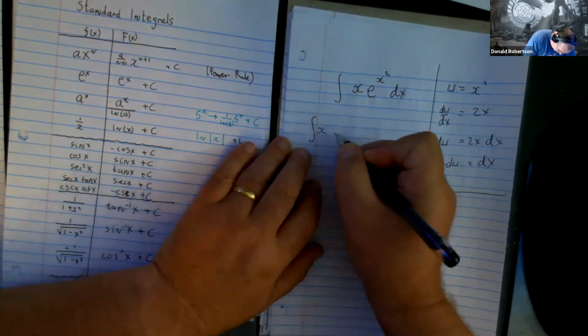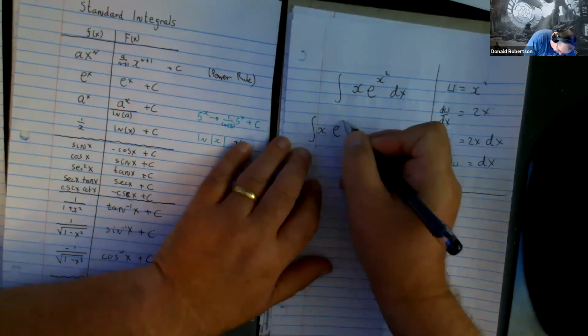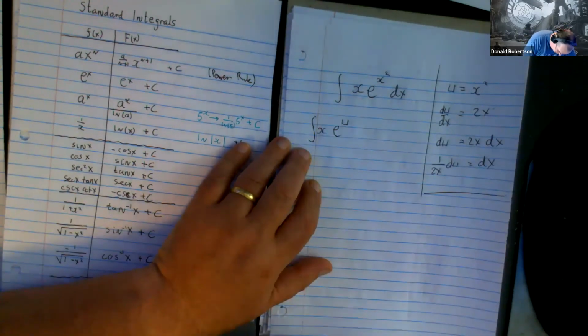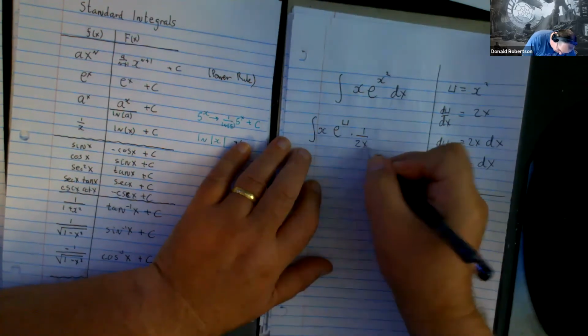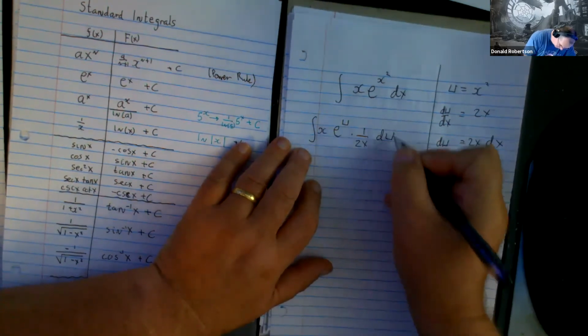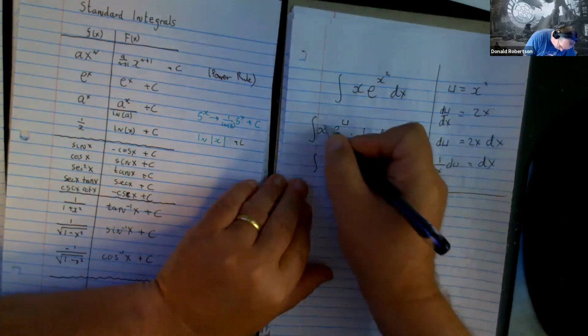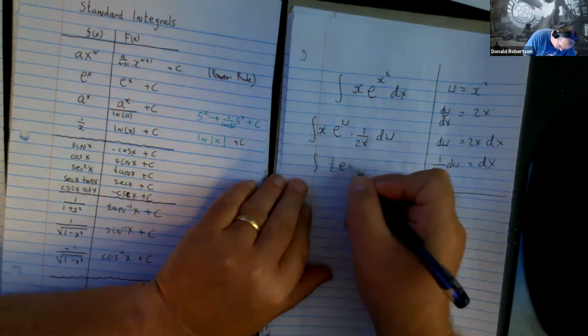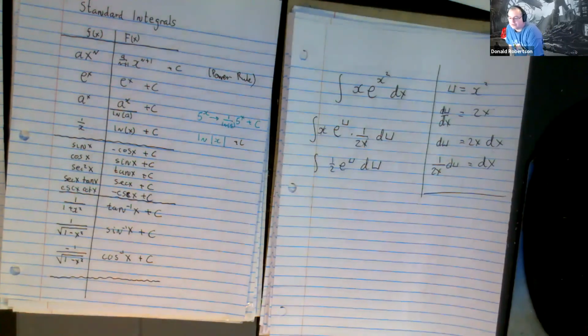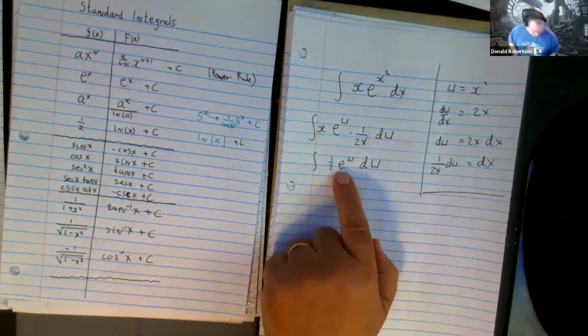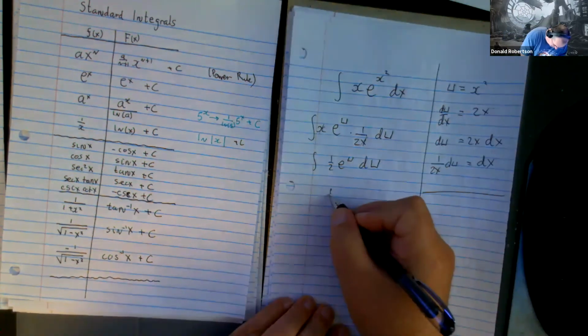Leave the x alone for a moment. E to the x squared now becomes e to the u. The dx becomes 1 over 2x du. Do a little cancel. And now, almost like magic, hasn't our question now turned into an integral that we do know how to do? I know how to integrate that. In fact, it's pretty easy to do that one, isn't it?